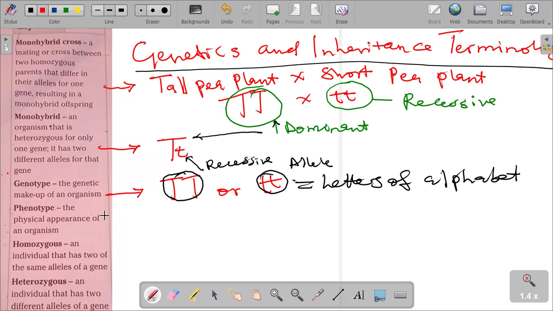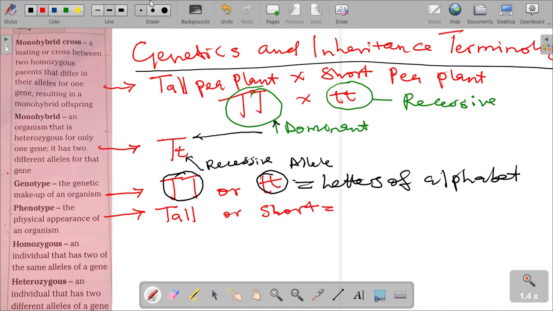The phenotype of an organism. We need to understand that the phenotype is the outward appearance. It refers to the visible expression of the genotype. In other words, it is the interpretation of the genotype, which we can say is either tall or short.